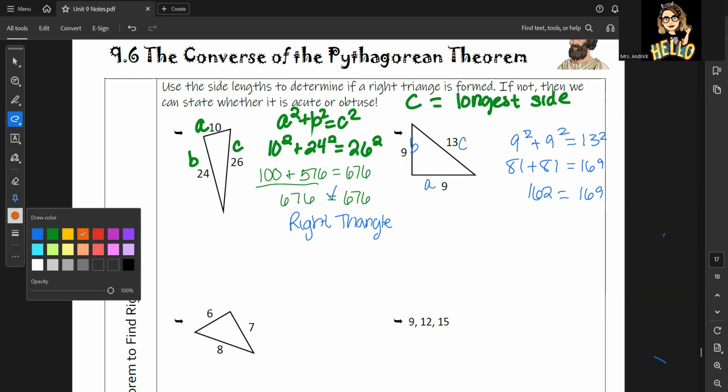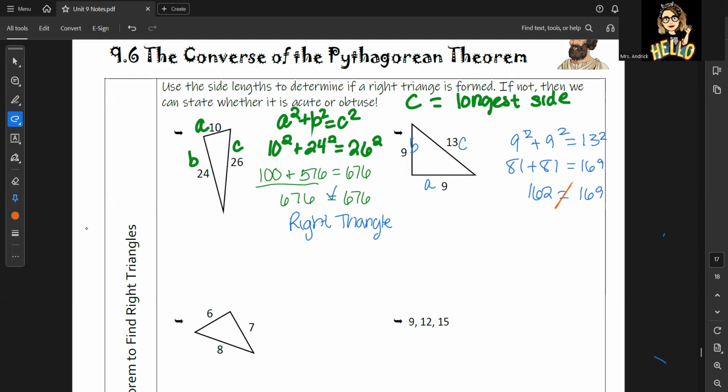So these are not equal. If this number's smaller, it means it's acute. If it's bigger, then it's obtuse. So in this case, it's an acute triangle. Even though it looks like a right angle, it's not necessarily.